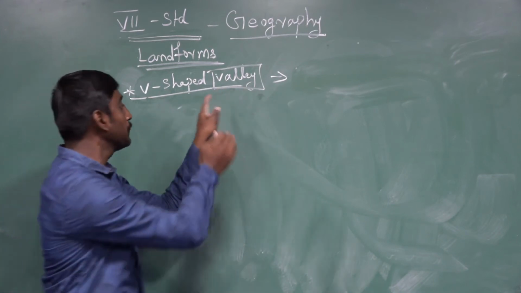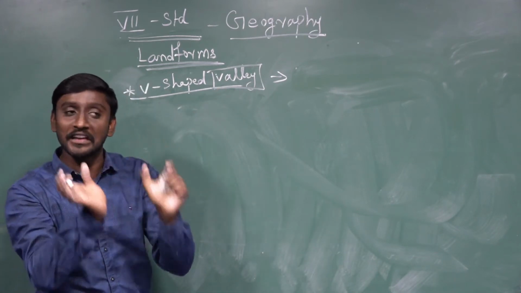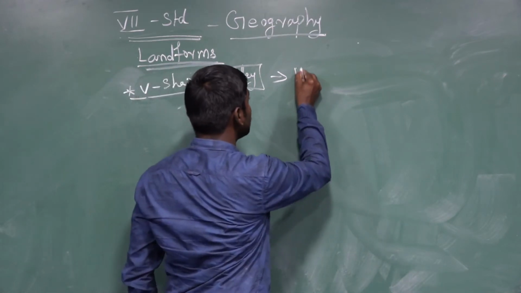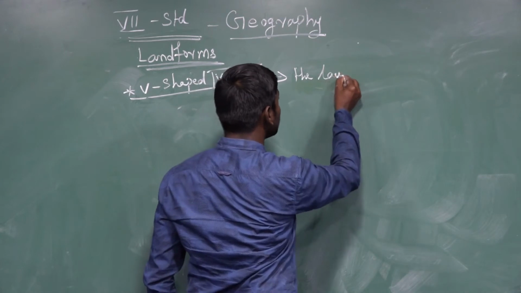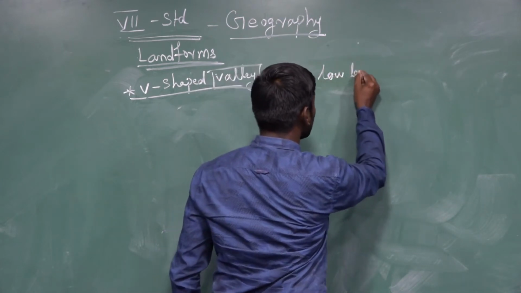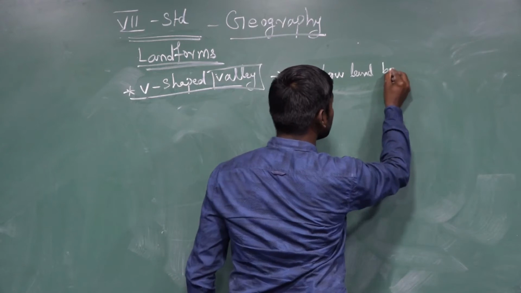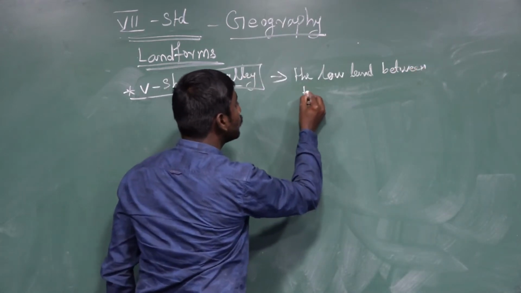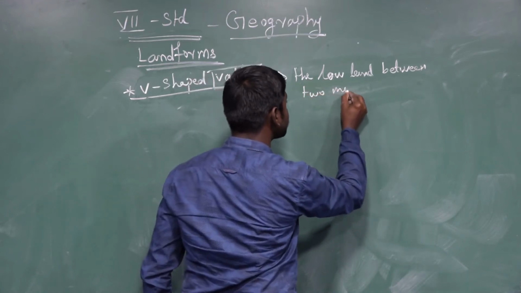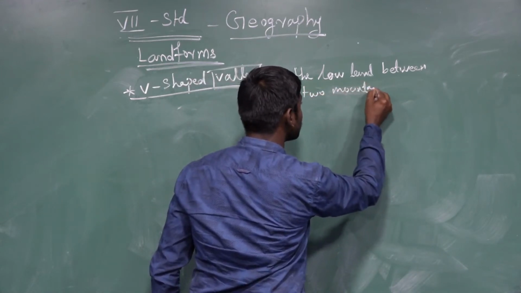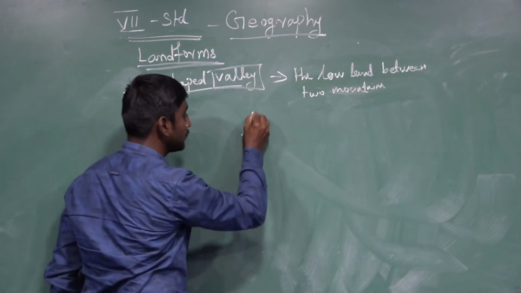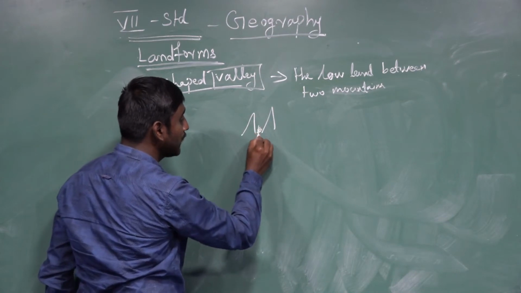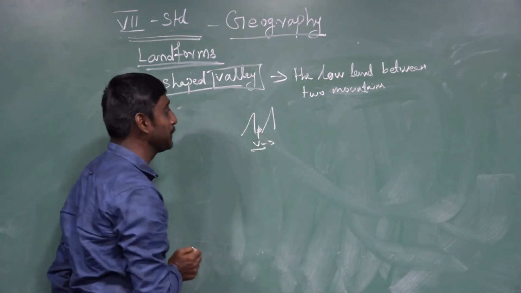Next is the V-shaped valley. The valley looks like a V shape. A valley is the lowland between two mountains, and it is called a V-shaped valley.